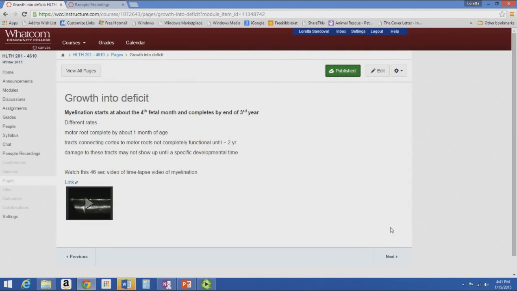So when you're looking at a baby between 1 month of age and 2 years, there's a lot of motor development going on, and a lot of that has to do with how the nervous system is developing. So the idea of growth into deficit expands on that.